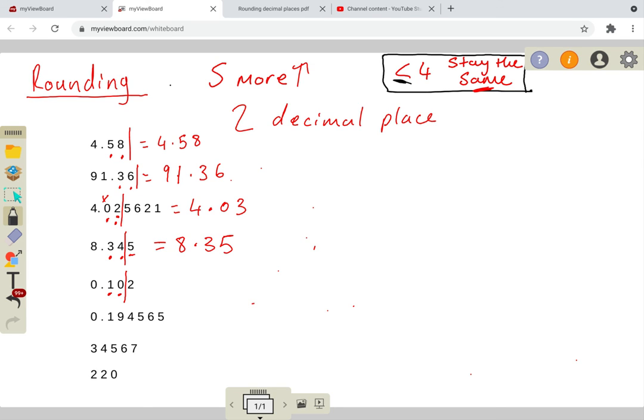So this 0 stays the same. So 0.10, that stays the same. Next one, 2 numbers after a decimal, 1, 2, draw a line. Is the number next to the line 5 or more? No, it's not. So the 9 stays the same. So I get 0.19. Okay. Now these two, again, there's no decimal, so you can't round.